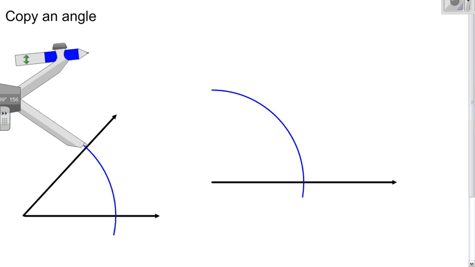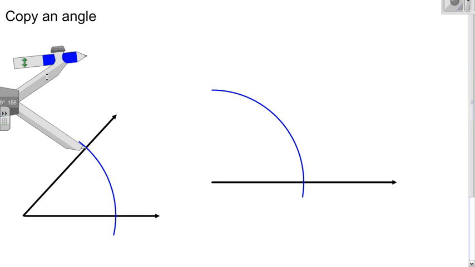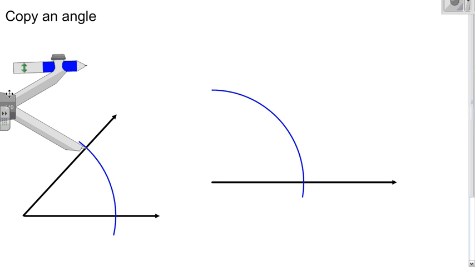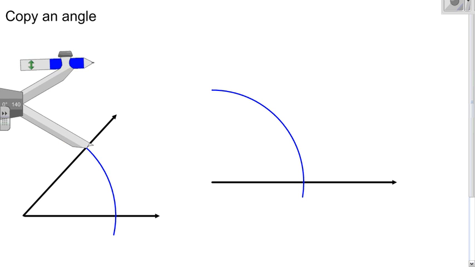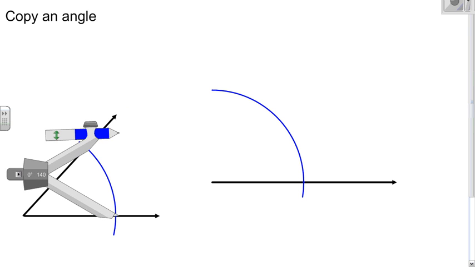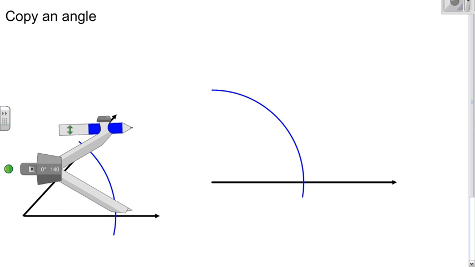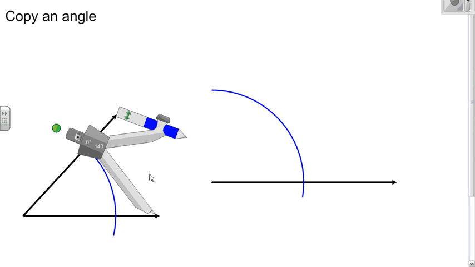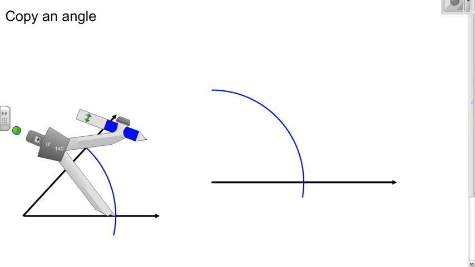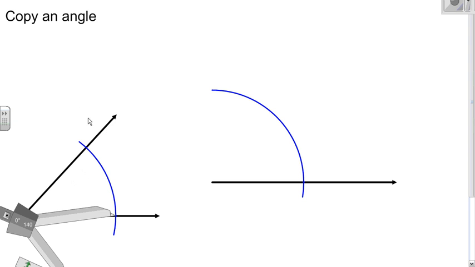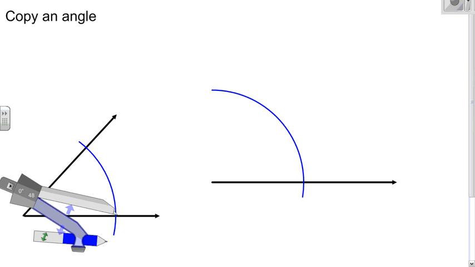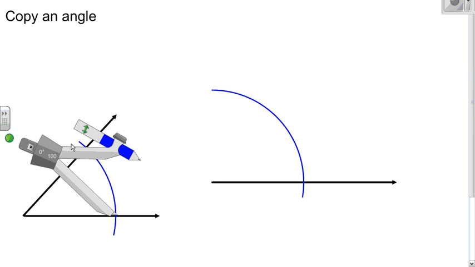Next, take your compass and adjust it so you can measure where it intersects the other side of the angle.